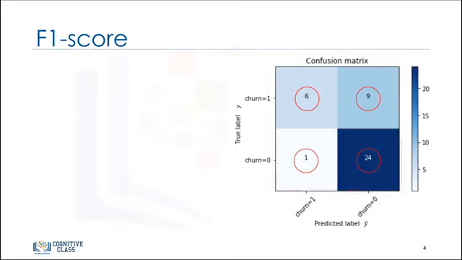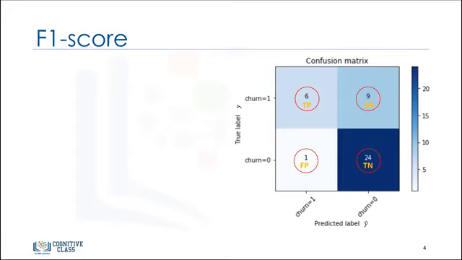A good thing about the confusion matrix is that it shows the model's ability to correctly predict or separate the classes. In the specific case of a binary classifier, such as this example, we can interpret these numbers as the count of true positives, false negatives, true negatives, and false positives.